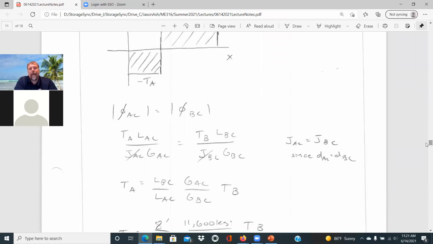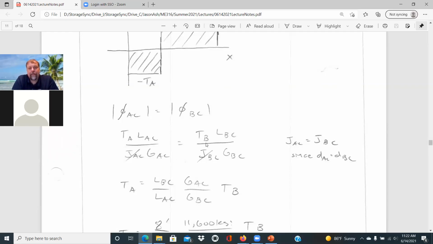And so that's our compatibility relationship to constrain the fact that the twist at C has to be the same at that point for both sides for the material to be rigidly connected. And then we can place in the relationship for that angle of twist, torque at A, LAC over JAC, GAC.